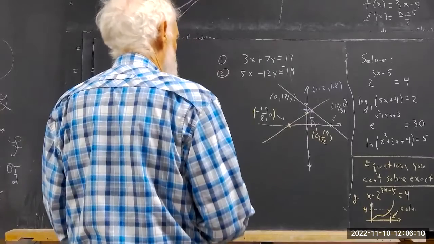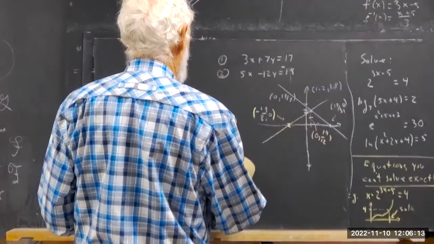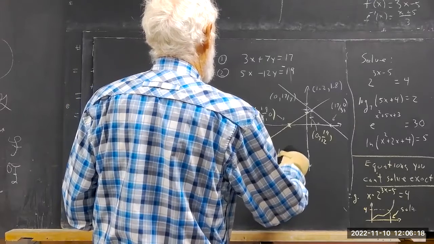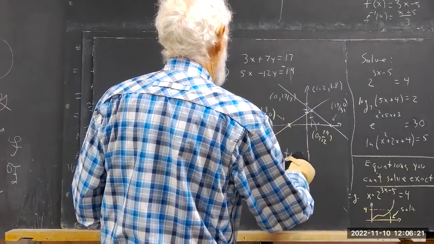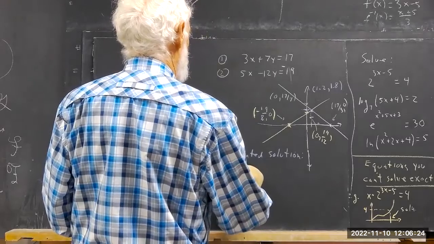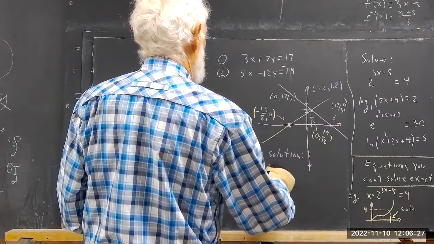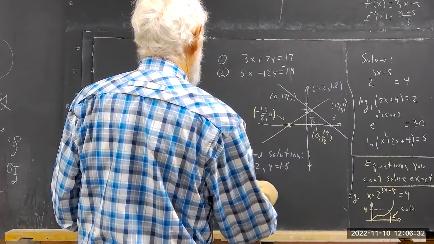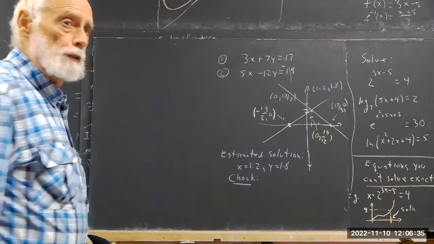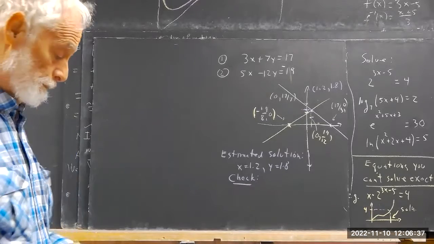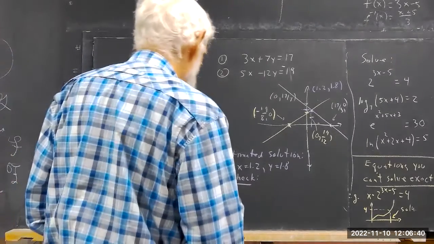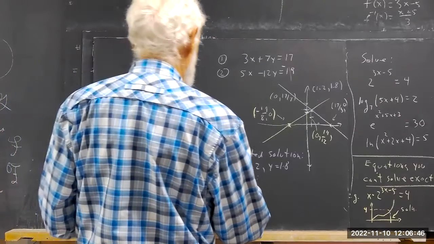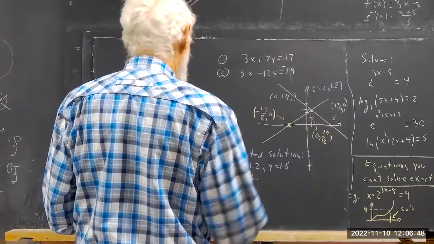So we have an estimated solution, and we want to check that solution. You've got 3x plus 7y equals 17.